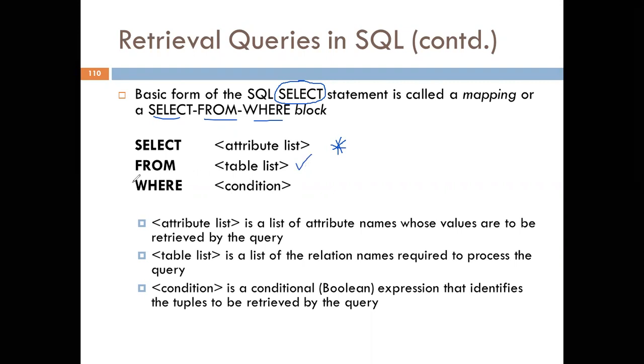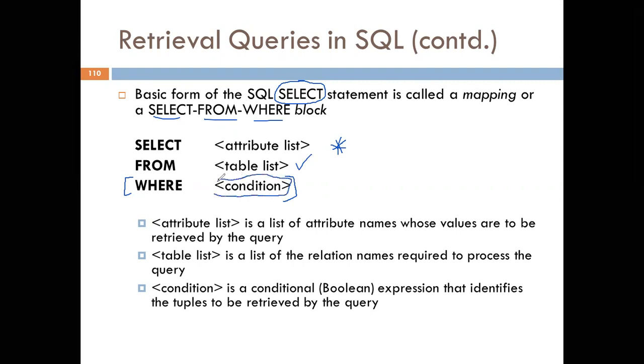And if we want to specify any condition, then we include the where clause. This where clause is not compulsory. But if we want to add any condition while extracting the data, we put a where clause, and we need to mention the condition over here.